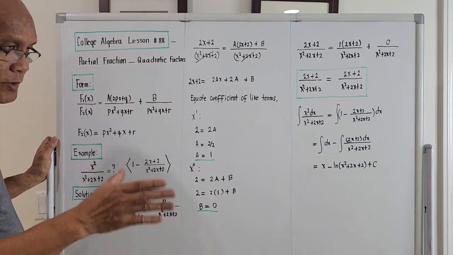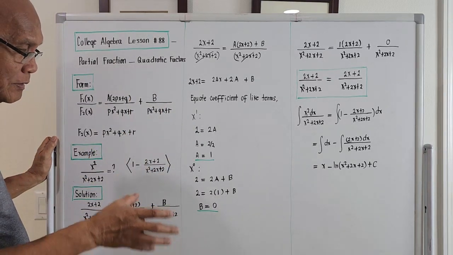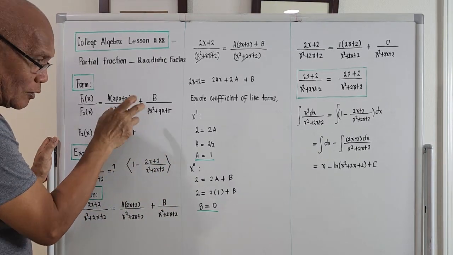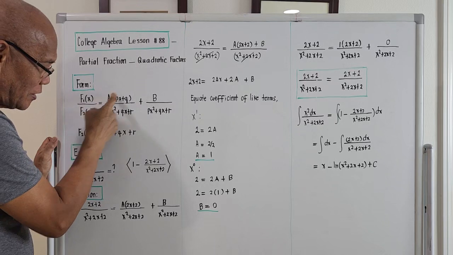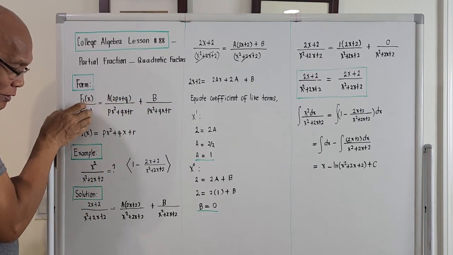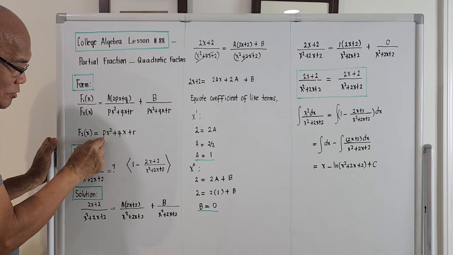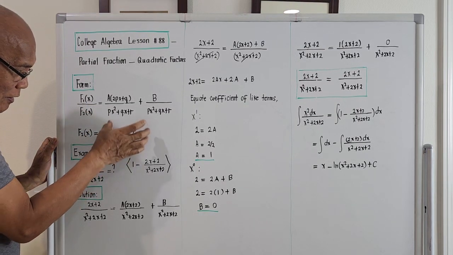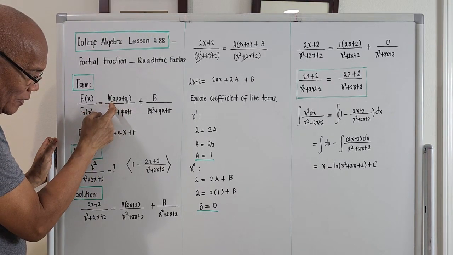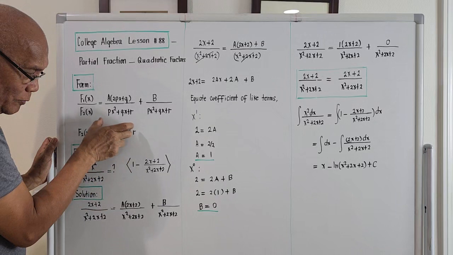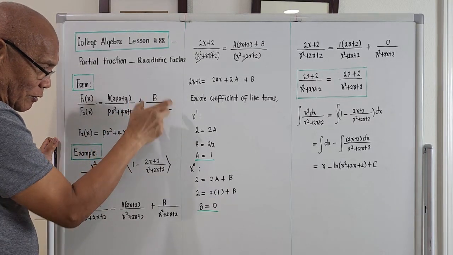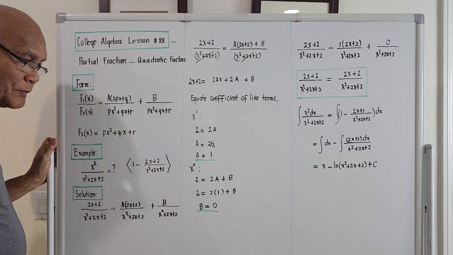So meaning to say, for each quadratic factor, the equivalent on the right-hand side will be this. There will be two unknown constants A and B. So the equivalent of the given fraction which contains px squared plus qx plus r will be A multiplied by the quantity 2px plus q over the given quadratic factor, plus another constant B all over the given quadratic factor.